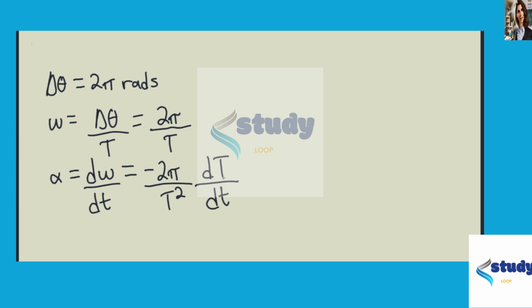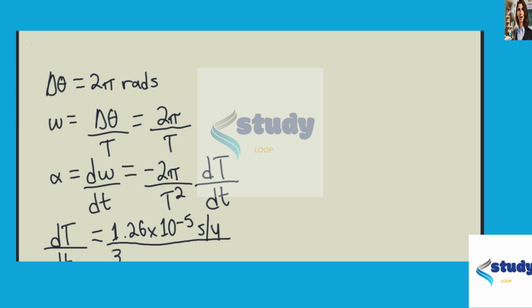So for the pulsar described in the problem, we know that dT over dt, the change in period with respect to time, would be equal to 1.26 times 10 to the negative fifth seconds per year divided by 3.16 times 10 to the seventh seconds in 1 year. So this is giving us 4.00 times 10 to the negative 13th.